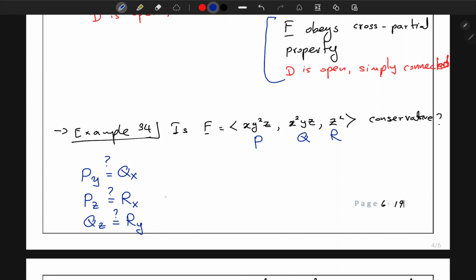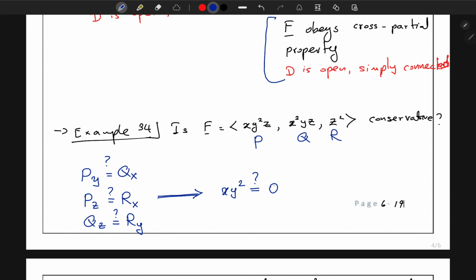Since we already did this, I'm going to use the second equation. P sub z, the partial derivative with respect to z, is x y squared. Is it equal to r sub x? Partial derivative of r with respect to x is 0 because there are no x terms.